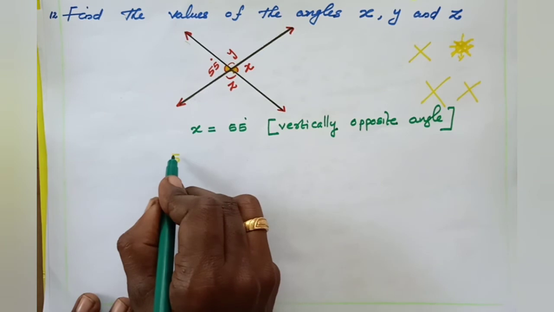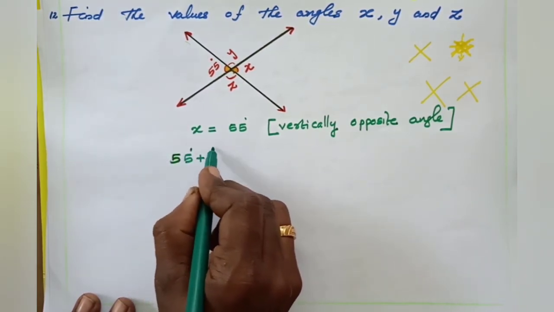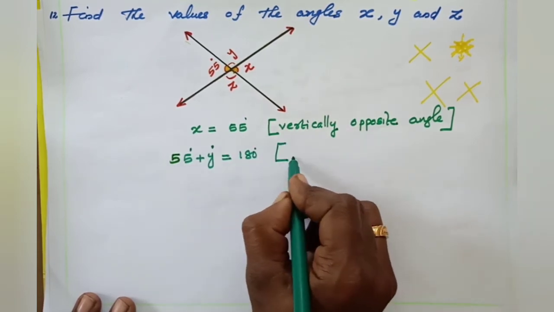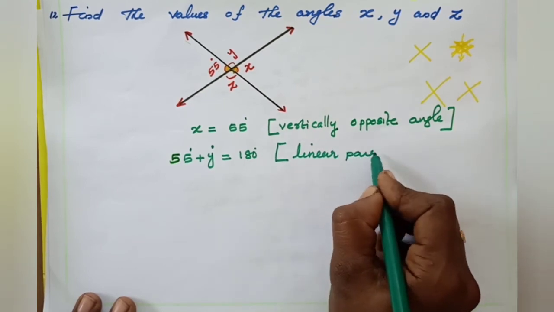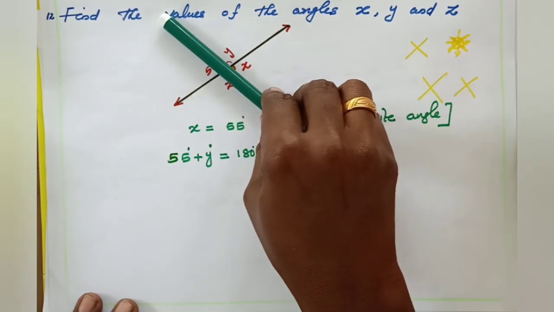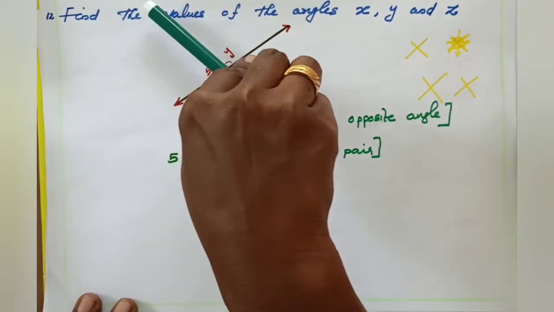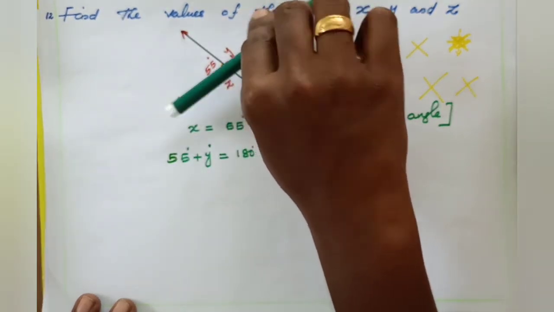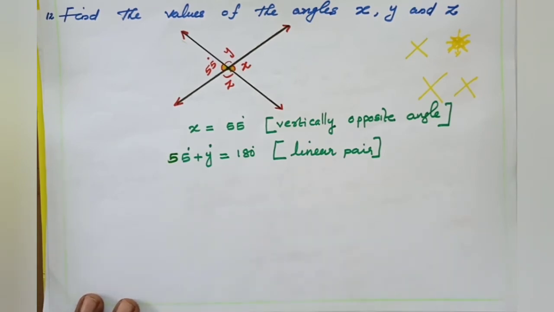So we can write 55 degree plus y degree equal to 180 degree because they are a linear pair. What is a linear pair? Adjacent angles that have a common vertex and a common arm, and the non-common arms form a straight line. The sum of a linear pair is 180 degree.